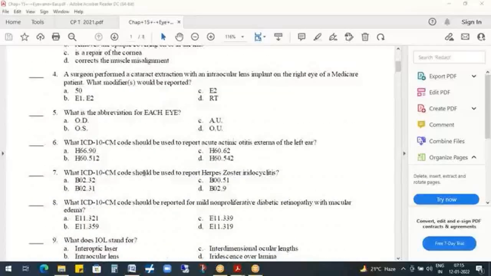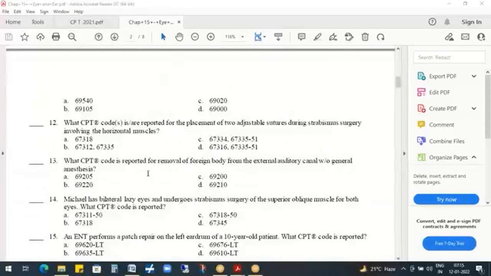Yes, what are your question numbers? Question number 12: how many horizontal muscles?